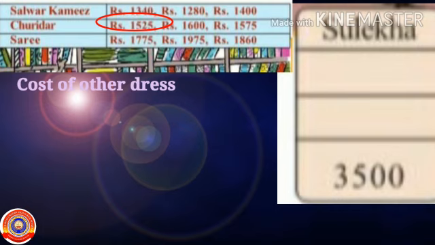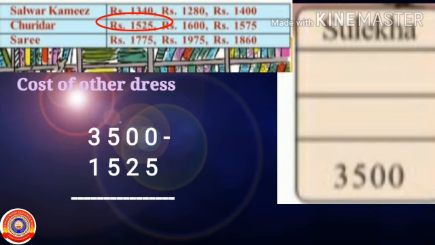1525 from 3500. So, 3500 minus 1525. Let's subtract. We can't subtract 5 from 0. So, we have to borrow 1 from this 5 and carry it with the 0 in the tens place.